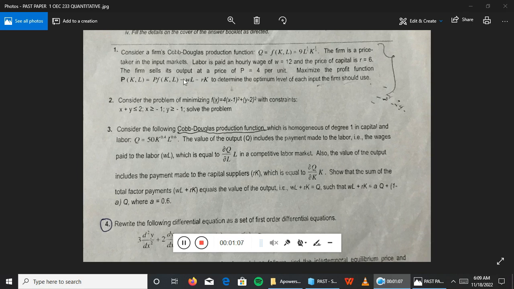The firm sells its output at a price of 4 per unit. Maximize the profit function, that is Π(K,L) is equal to the product of the function of capital and labor, minus WL minus RK, to determine the optimal level of each input the firm should use.